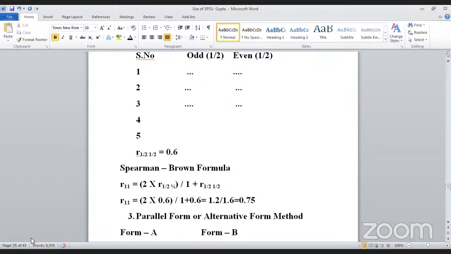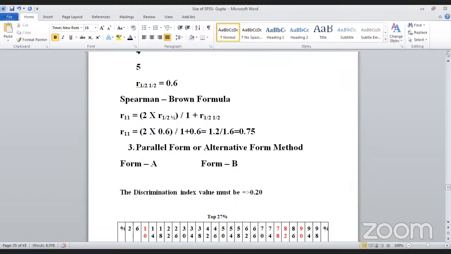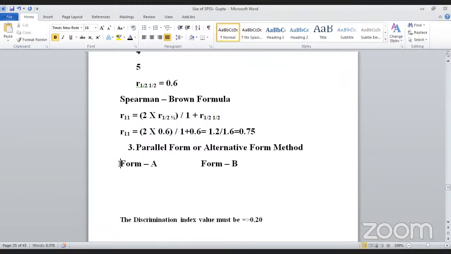So what you do is, you have this form A. If there are 30 items here, in form B also there are 30 items having the same difficulty, discrimination, and so on. Now you can administer any one you like first. You have to administer both on 600 people.